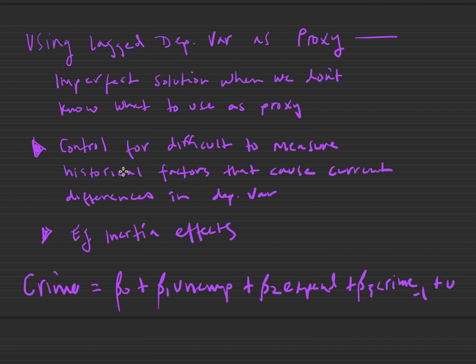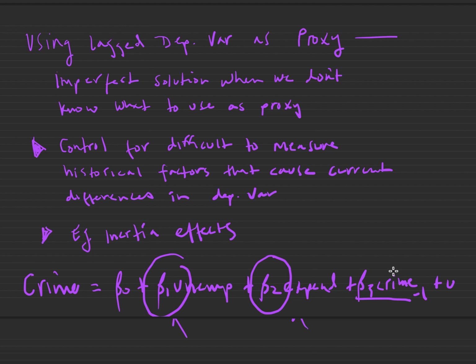Okay, so that is the interpretation of beta 2. We can also think about the interpretation of beta 1. For two cities that have the same previous crime rate and the same current police expenditures, what is the effect of a difference in unemployment?